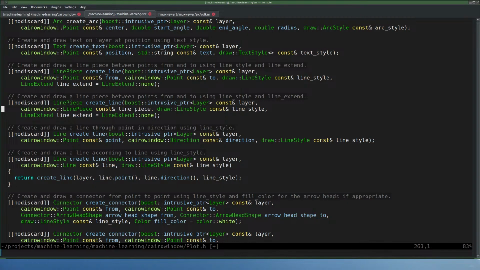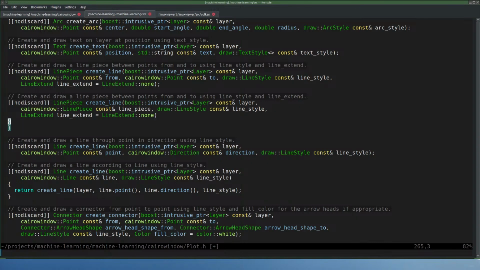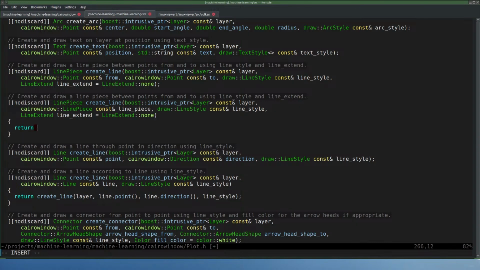Oh, I can draw half lines. No, that's a line extent. I think that should work.